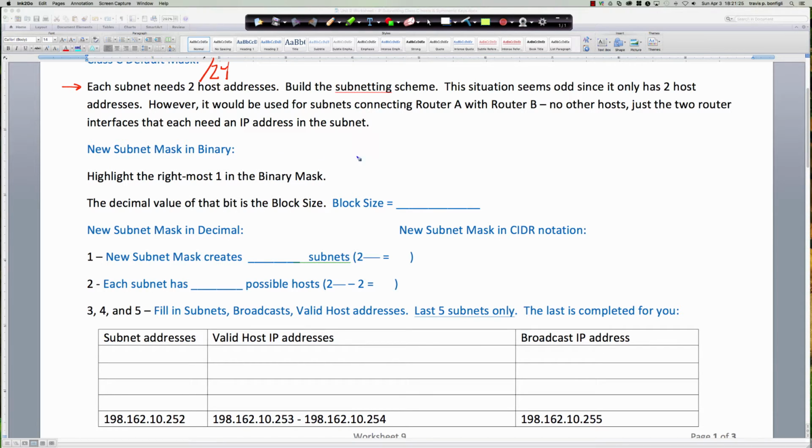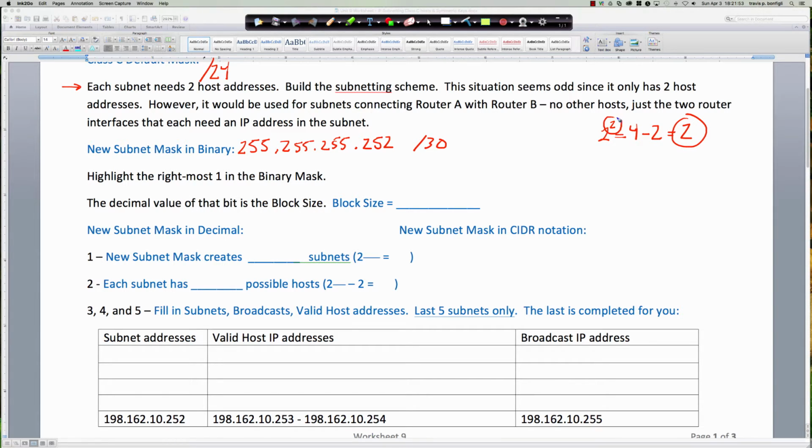Well, if I only need two host addresses, then my subnet mask would be 255.255.255.252, or in other words, a /30. Because if I only need two assignable host IPs, 2 to the 2 is equal to 4, minus 2 is 2.